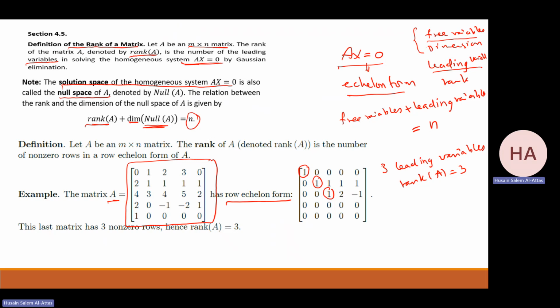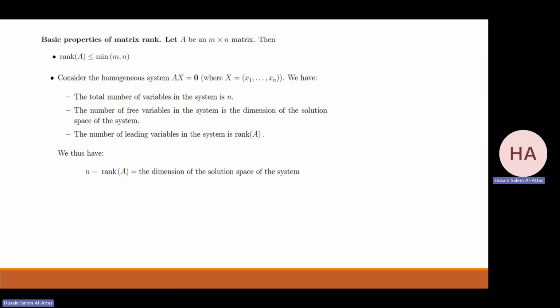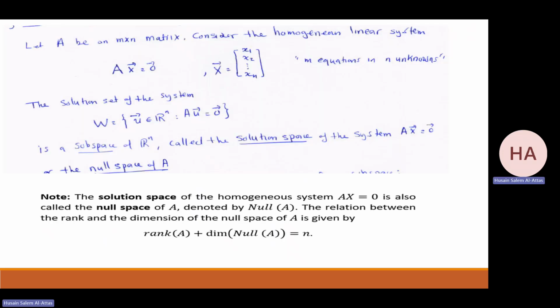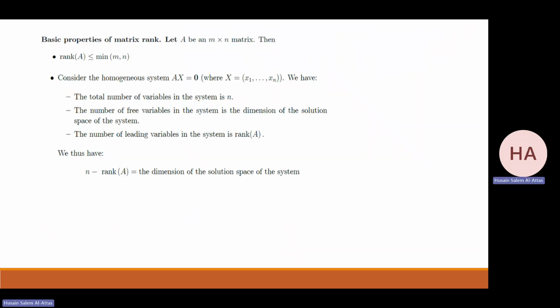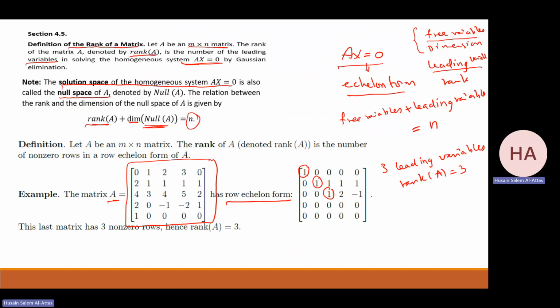Now, another definition for the rank is the number of non-zero rows after writing it in row echelon form.